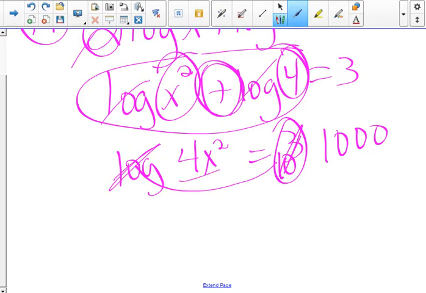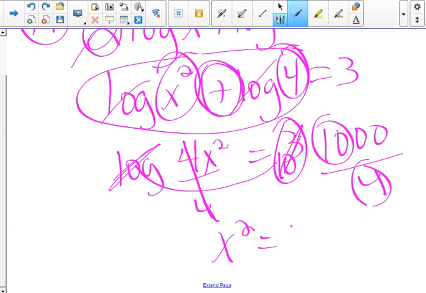Now divide each side by 4, and I get that x squared is equal to, well, 4 goes into 10 2 times with 2 left over. 4 goes into 20 5 times with nothing left over, and goes into 0 no times. So we have x squared equal to 250.